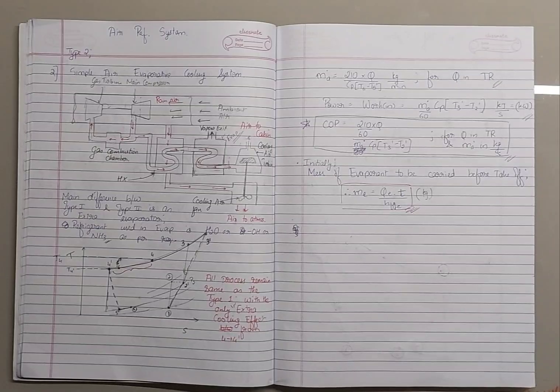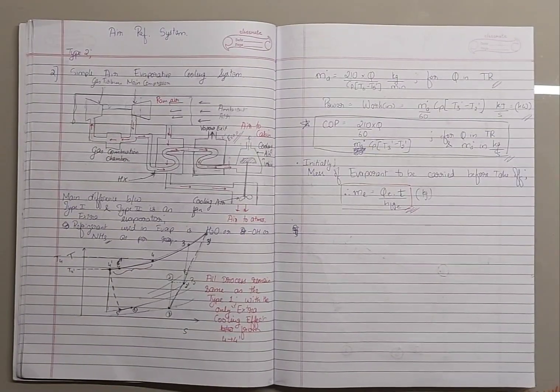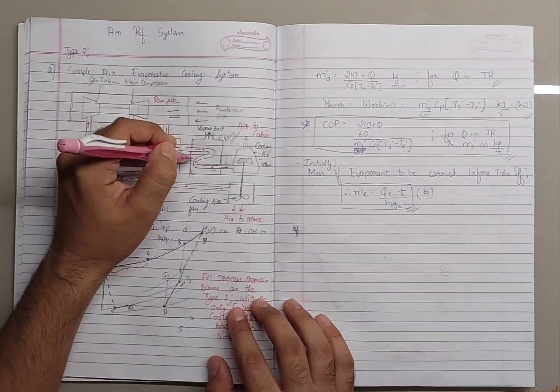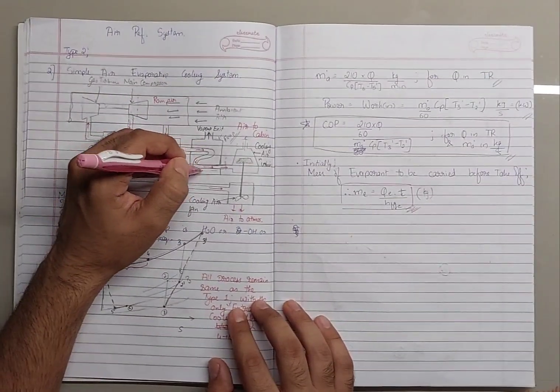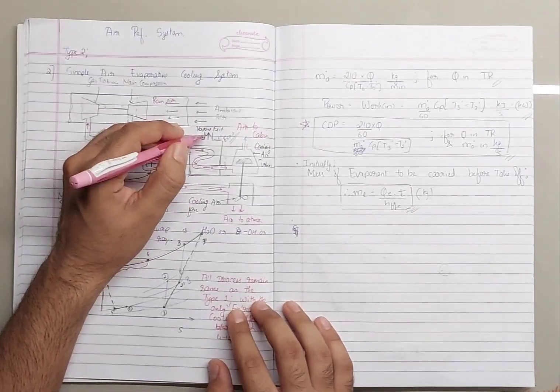So before the flight takes off, it is mandated to carry a significant, calculated amount of evaporant that should last the process from takeoff till the landing. Else we could use a closed system wherein, for example, if the evaporant were water, then water accepts the heat from the air and converts to vapor.